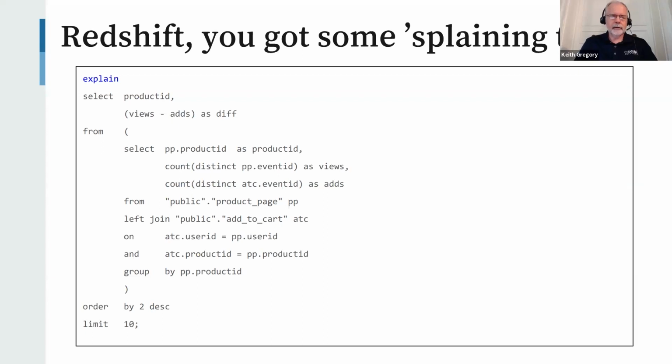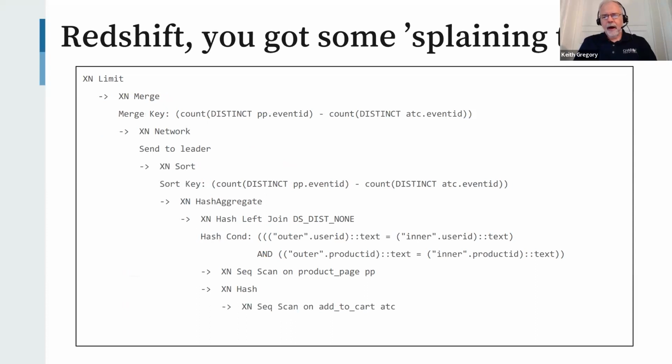So for every product, it's going to aggregate by product, take the difference between the number of times people have viewed the product and the number of times they have added it to their cart, and take the top 10. So it involves a join. As it happens, we'll look at the query. I've cleaned up the actual execution plan a little bit.